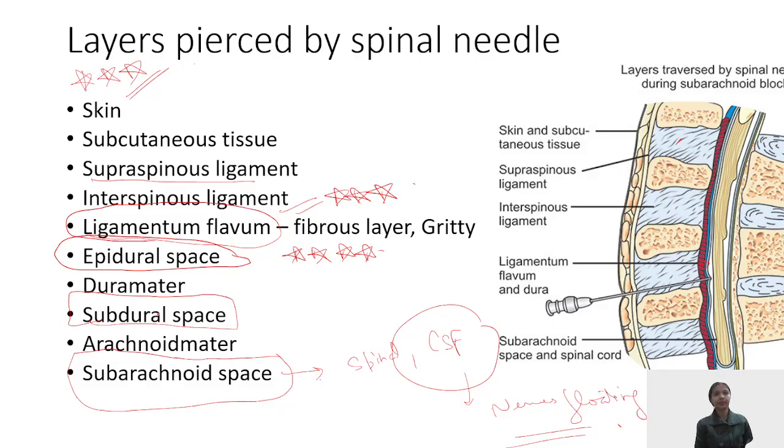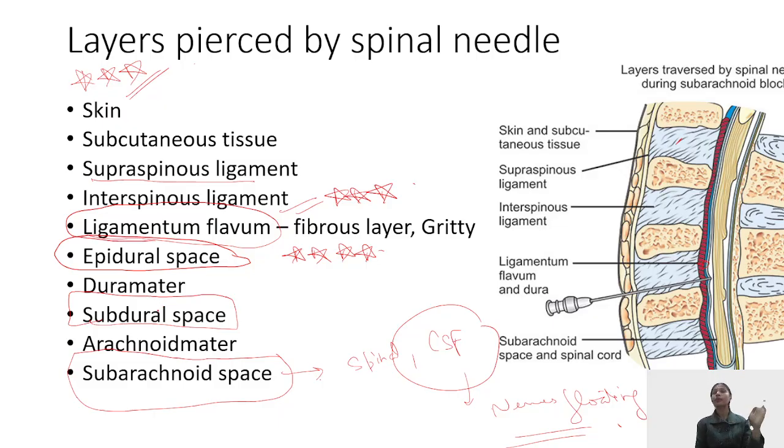Is that clear? So we have the epidural space between your ligamentum flavum and your dura mater. You deposit your drug here. The problem is that a large amount of drug has to be given in the epidural space, because eventually this drug is going to act on your spinal nerve roots only.